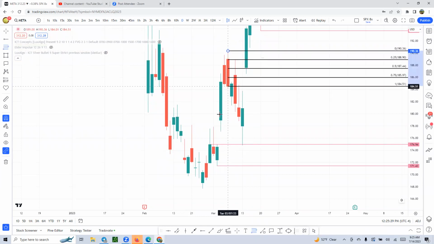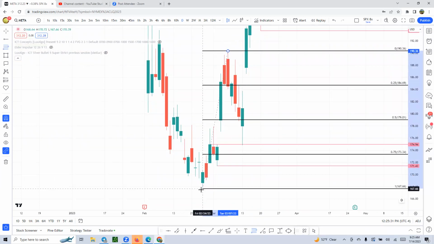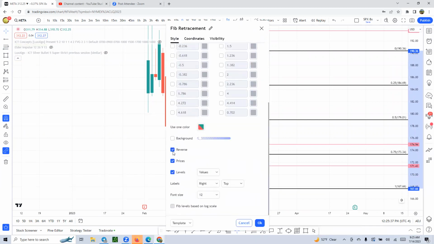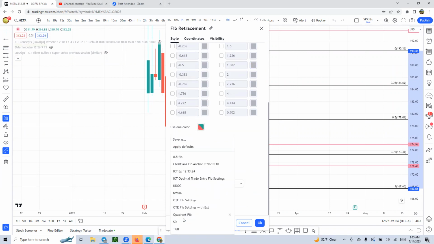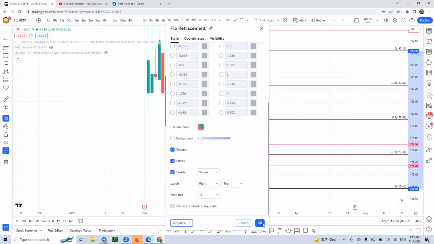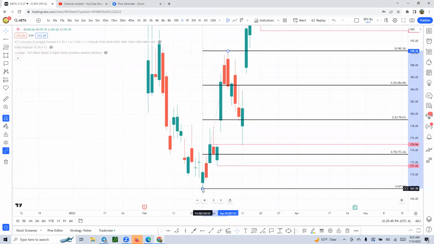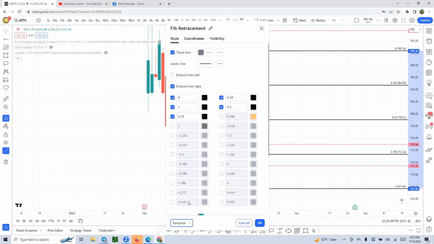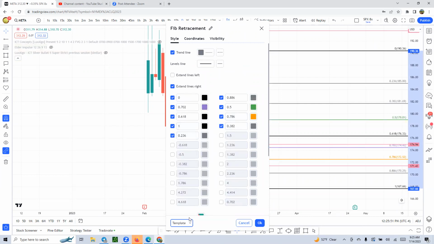If you were looking for this price to come down and hit your area where you would be purchasing, then you can throw the fib on. As a matter of fact, I'm going to do this one so I can show you.